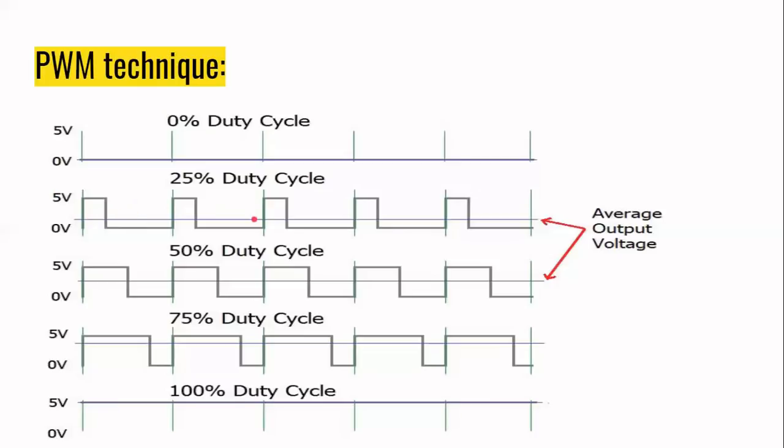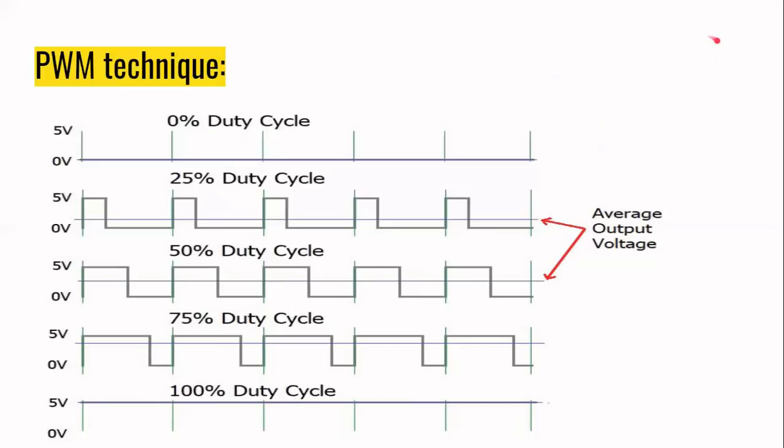So this is called the duty cycle: the on time divided by the whole period of the pulse. This duty cycle will be directly proportional to the average voltage generated at the output, and the speed of the motor will be directly proportional to the average voltage.